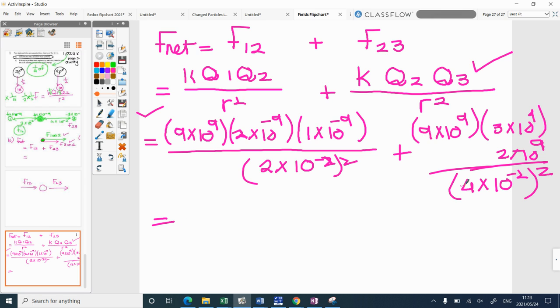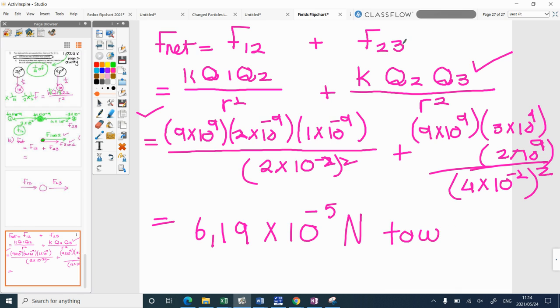Okay, now you have to put all of that in your calculator. And then what did you get, Tabang? 6,19 times 10 to the negative 5 meters. Yeah. Times 10 to the? Negative 5 meters. And I took the direction towards Q3. Is that right? We take those to the right. If you have a diagram showing it to the right, you can say to the right.